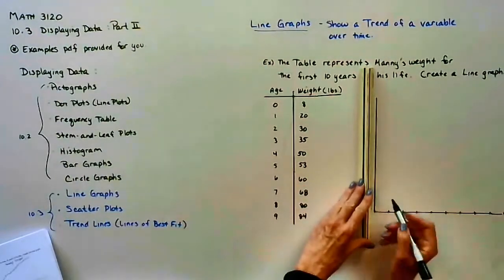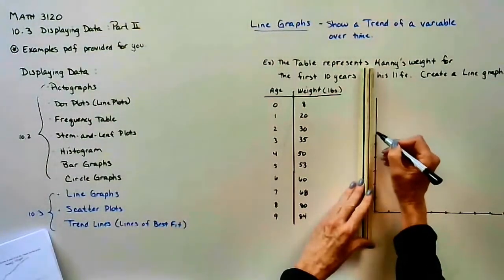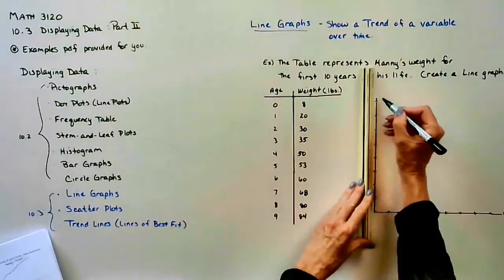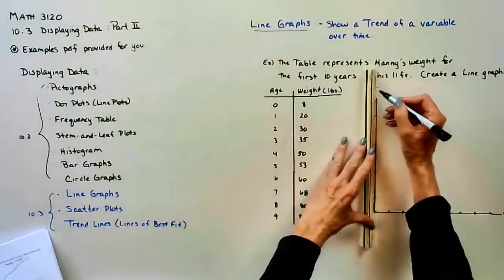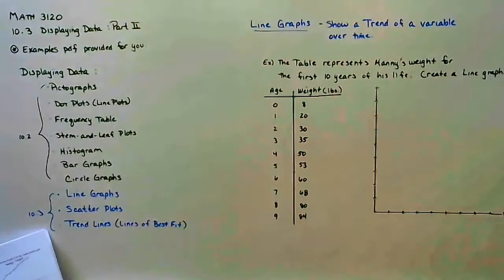And so I'm going to then go 10, 20, 30, 40, 50, 60, 70, 80, 90. So what do these represent? We always must label. We always need to title and label your graphs.